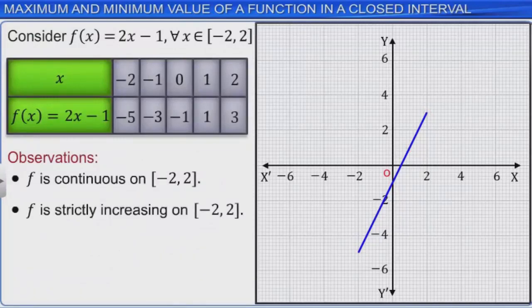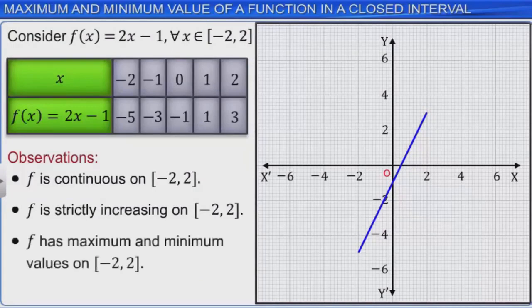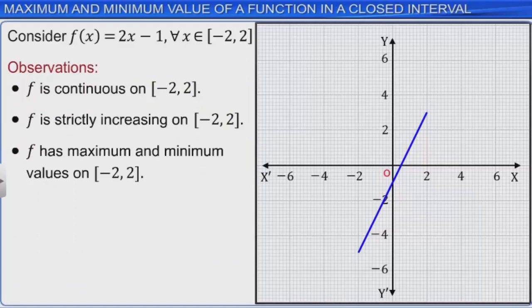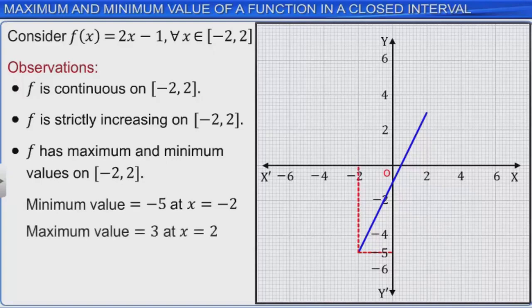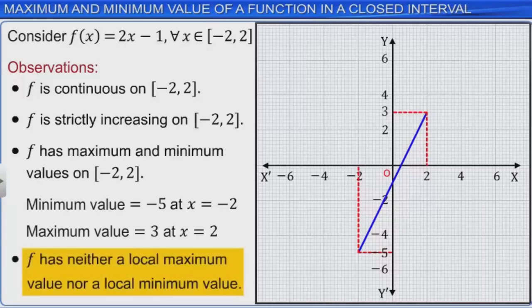However, it certainly does have a maximum and a minimum value. The minimum value of the function f is minus 5, and it is attained at x equal to minus 2. And the maximum value of f is 3, which is attained at x equal to 2. However, function f still doesn't have local maximum and minimum values, as there are still no turning points in the curve.